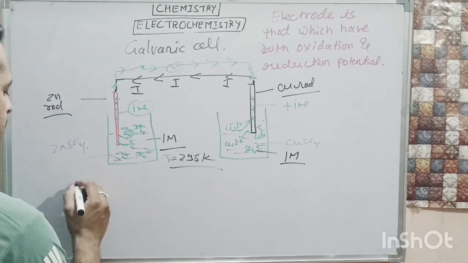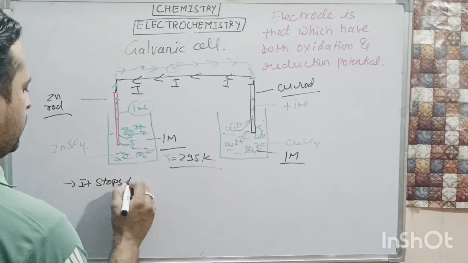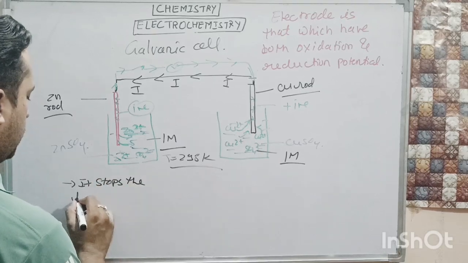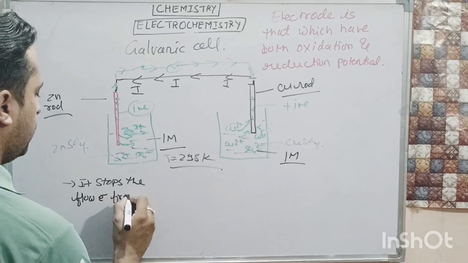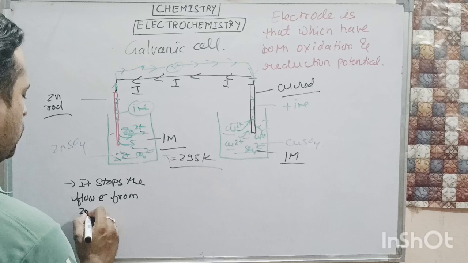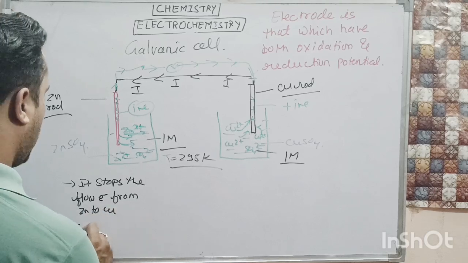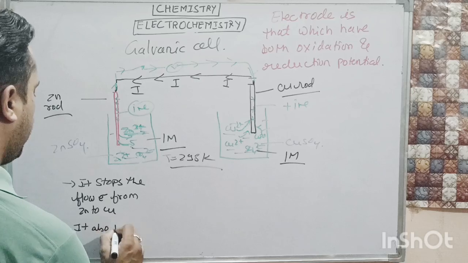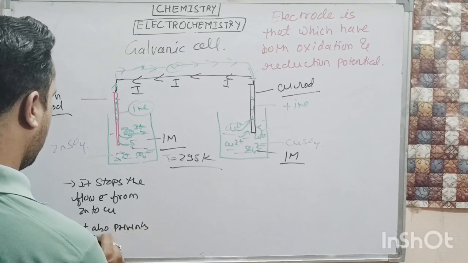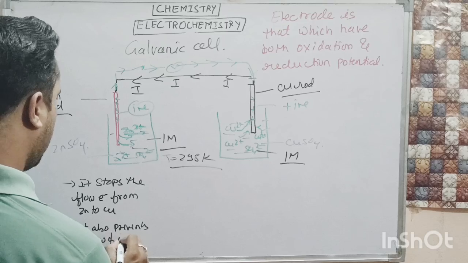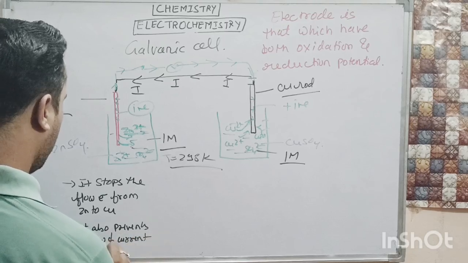It stops the flow of electrons from zinc to copper, which also prevents the flow of current from copper to zinc.